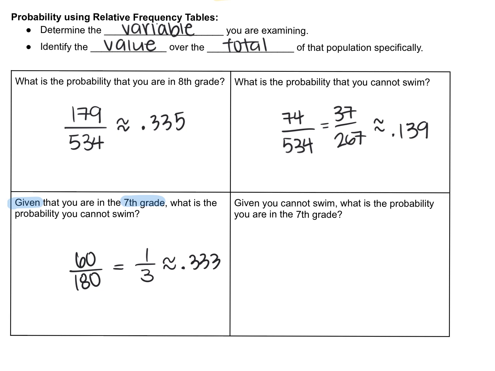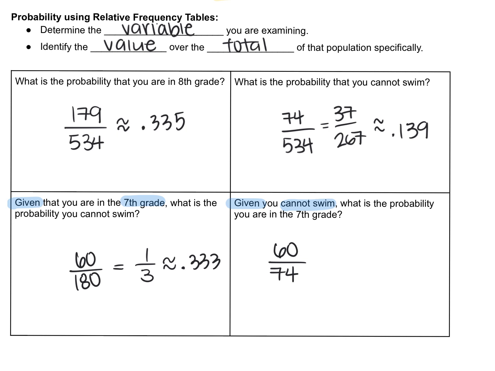Okay. On the reverse side of things, suppose I'm looking at the total who cannot swim. So given you cannot swim, what is the probability that you were in 7th grade? So now my total is those who cannot swim, which is 74. So of those 74, how many of them are in 7th grade? And that is still 60.